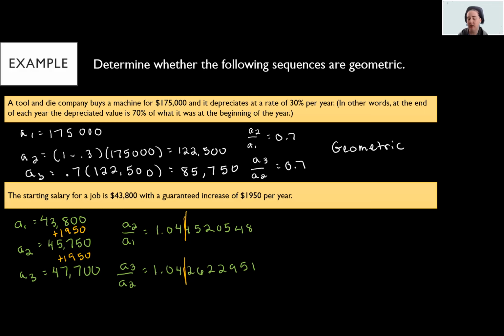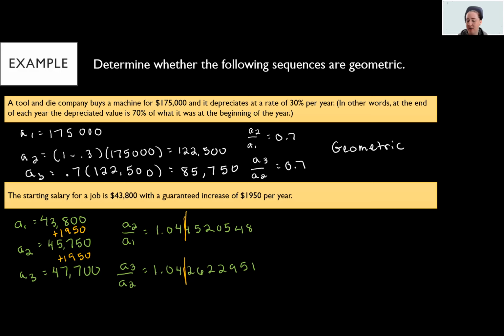So when you have something like this where it looks like it could be either one, which one is actually constant? It looks like we're kind of multiplying by the same number each time, but we are for sure adding the same number each time. So because that one is exact, this is arithmetic, not geometric.